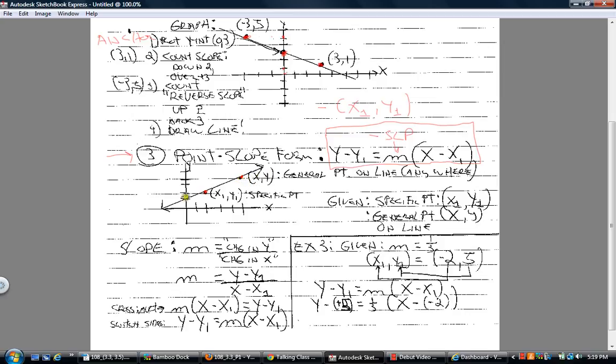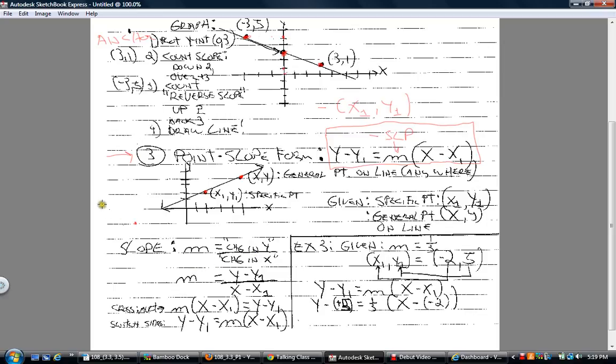But that could be represented anywhere. I could stick it down here if I wanted to, but I'll just stick it here for a visual reference. And guess what they said? I wonder what the slope is between a general point and a specific point. And they said, well, wait a second, I'm representing two ordered pairs. Slope is rise over run, the change in the y coordinates divided by the change in the x coordinates.